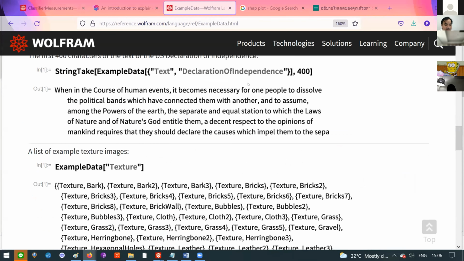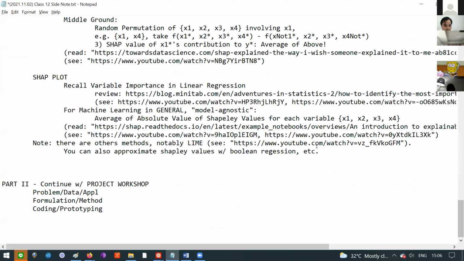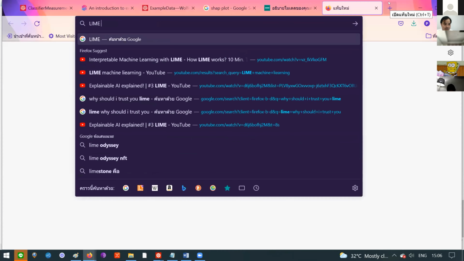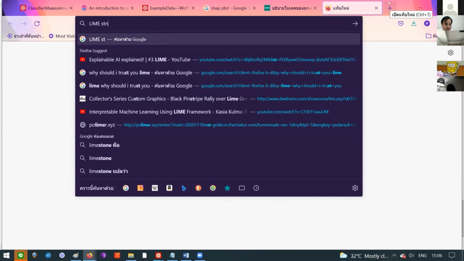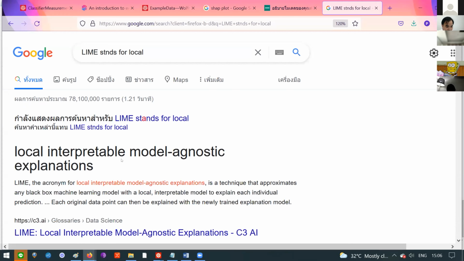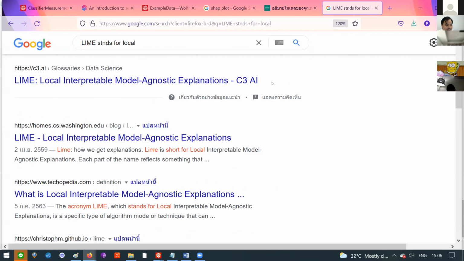Okay, there are other ways, by the way. LIME, for example. I think LIME stands for locally something. Local something something. I forgot. Ah, there it is.